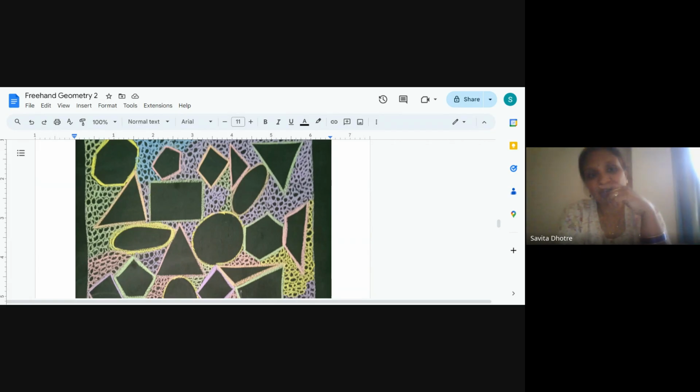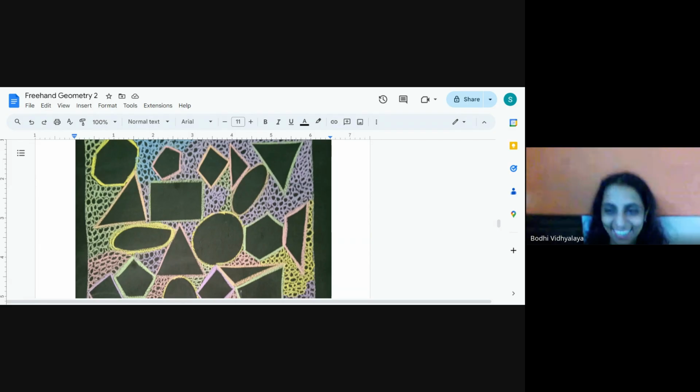So they said, oh, we could have done this, I could have done it another way. So the children who are already aesthetically inclined, they try to challenge themselves and do a better job. The ones who can't do any artistic work, at least all they have to do is patiently fill it up. And some of them were making big circles.